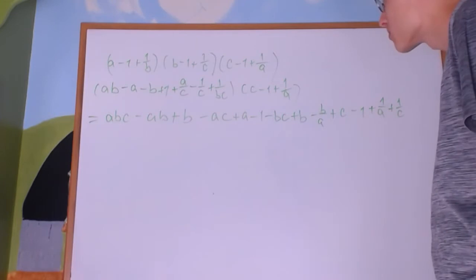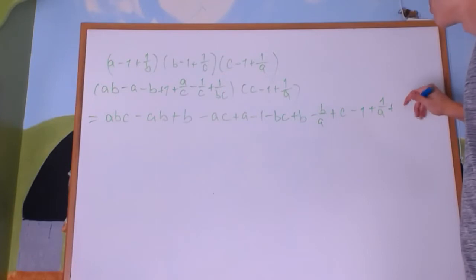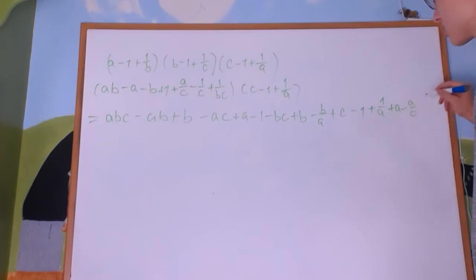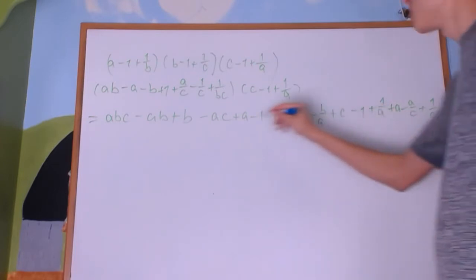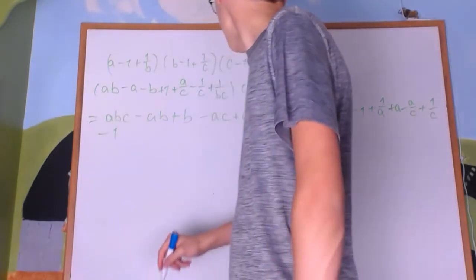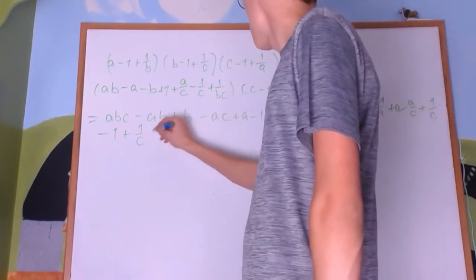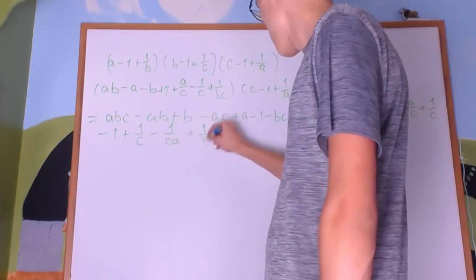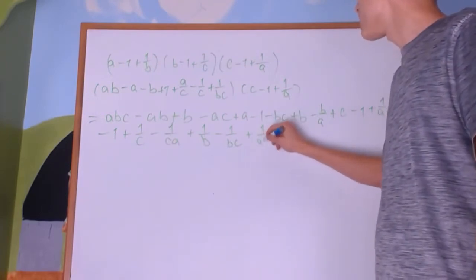Plus 1 over C. Plus A minus A over C plus 1 over C minus 1 plus 1 over C minus 1 over CA plus 1 over B minus 1 over BC plus 1 over ABC.